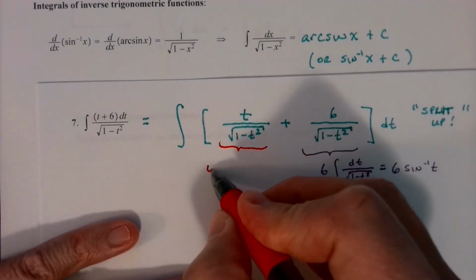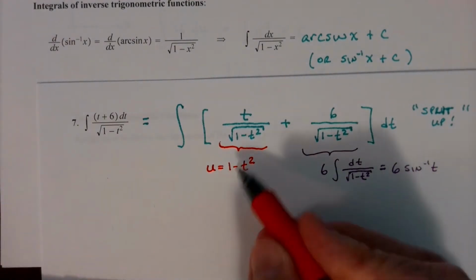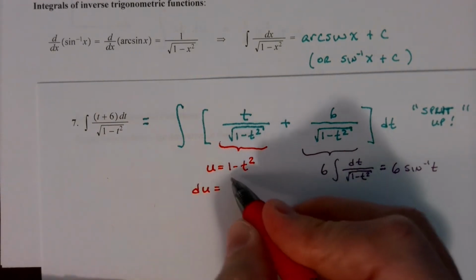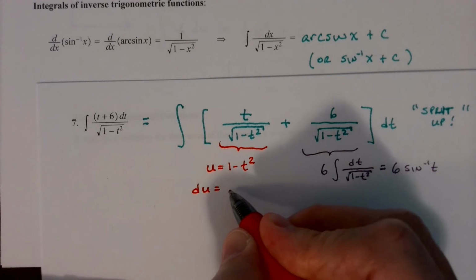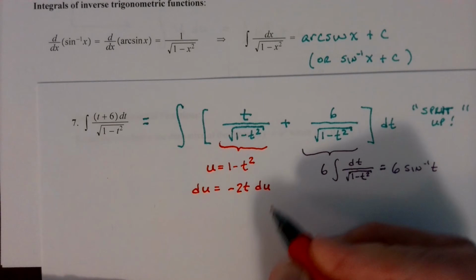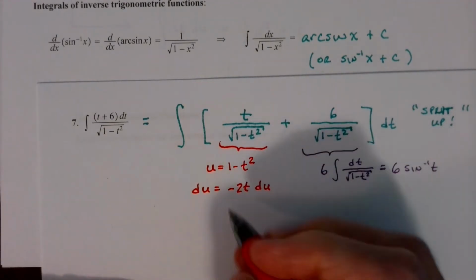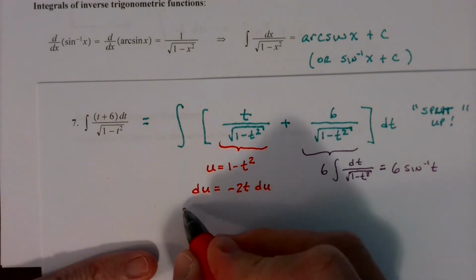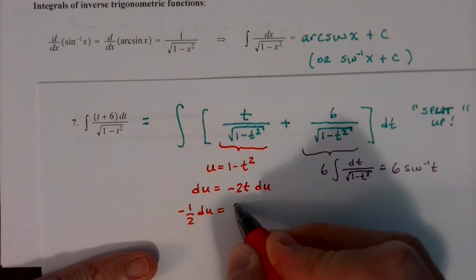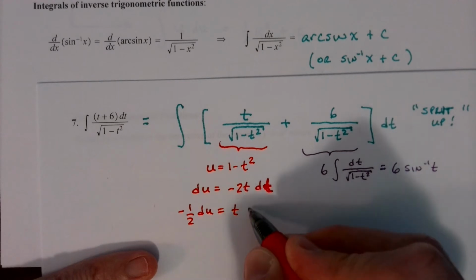Notice I can let u, as I said, be 1 minus t squared. This is a little substitution now. And du, derivative of 1 is 0, negative t squared, negative 2t. So du is negative 2t dt. Now I've got just a t dt.